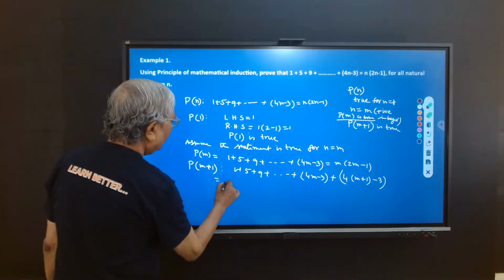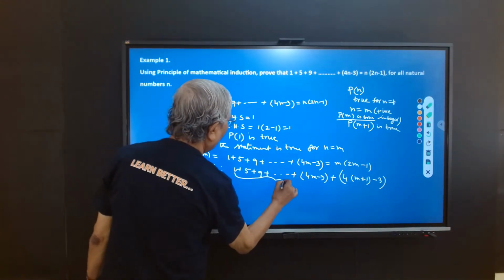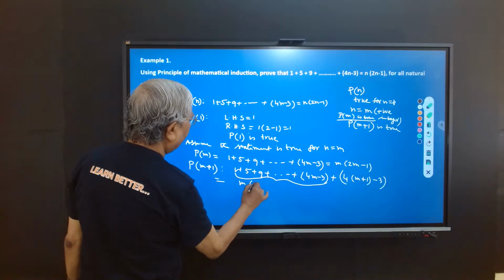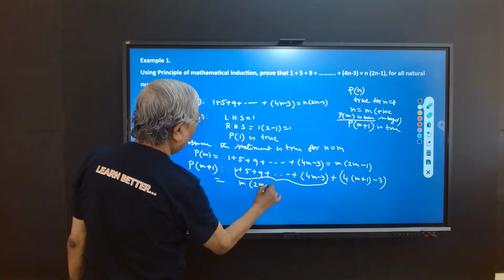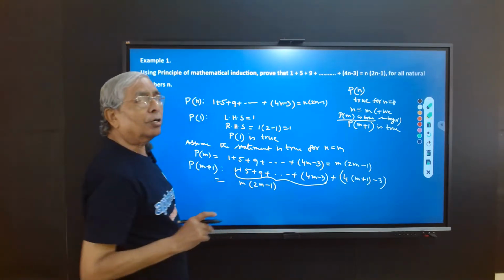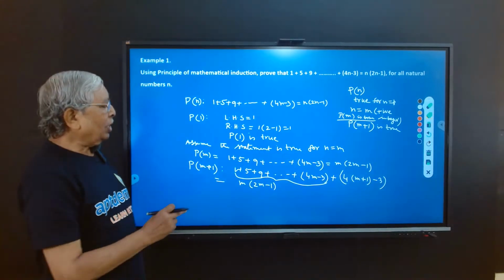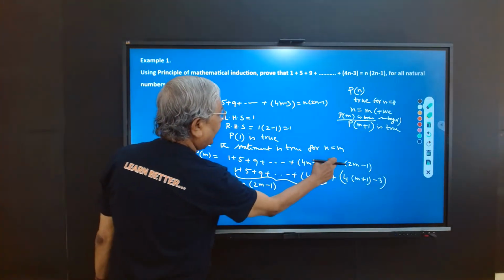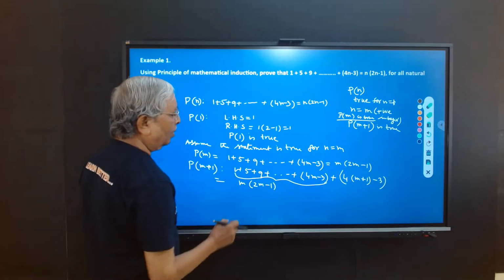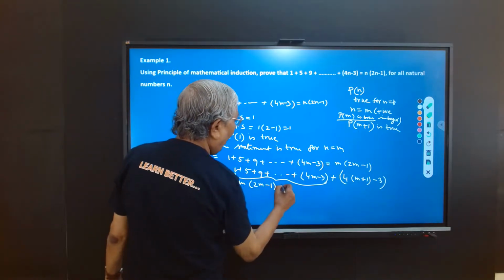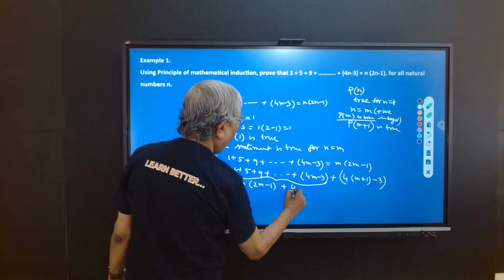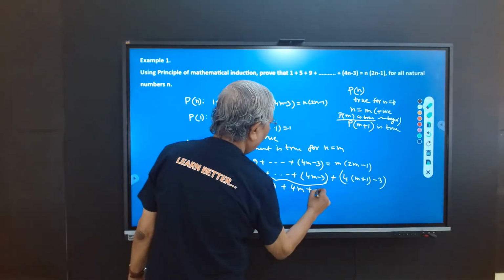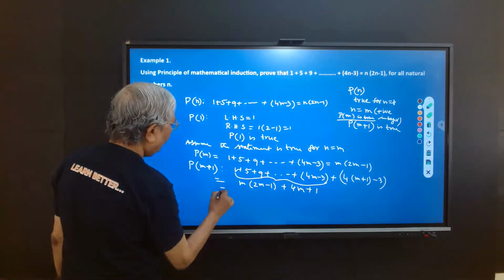For the terms up to 4m minus 3, we can write this as m into twice m minus 1, because we have already assumed that the statement is true for n equals m. So up to this, we can write m into twice m minus 1, plus 4m plus 1. So what do we get?